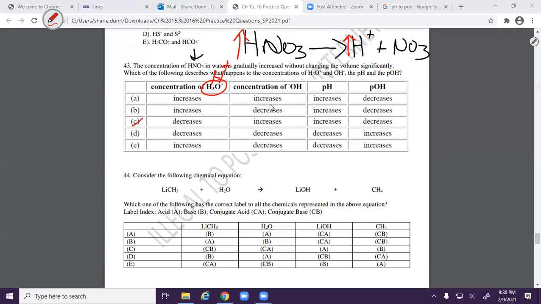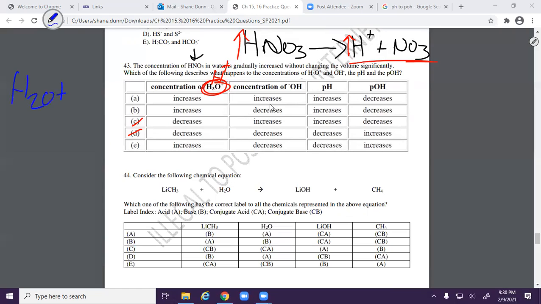So get rid of the ones that say decrease. Good. If your H plus goes up, what happens to your OH, theoretically? It goes down. Is it going to go down? Is there any OH over here? OH, sorry, OH. Yes or no? Is there any OHs over here? No. So again, this is all going back to the water thing, right?